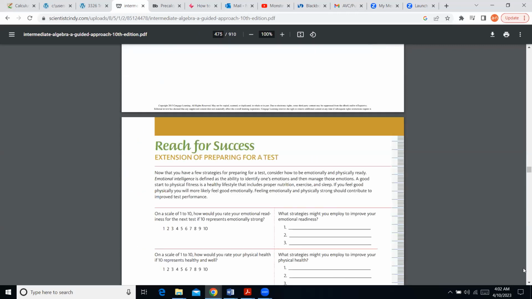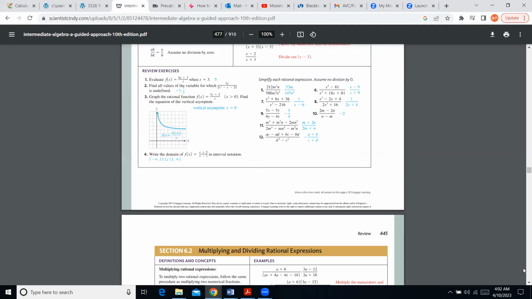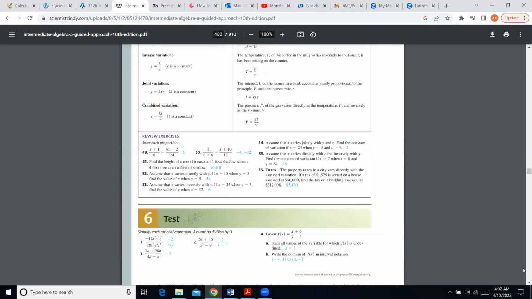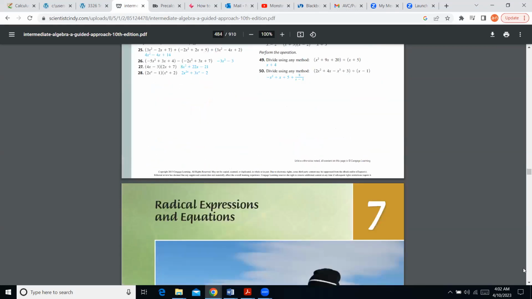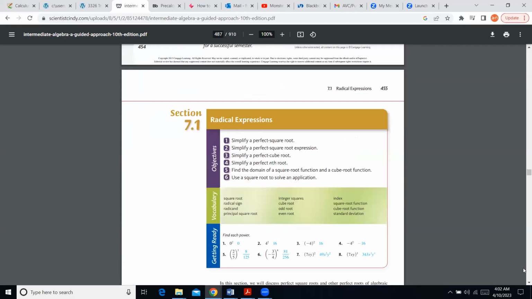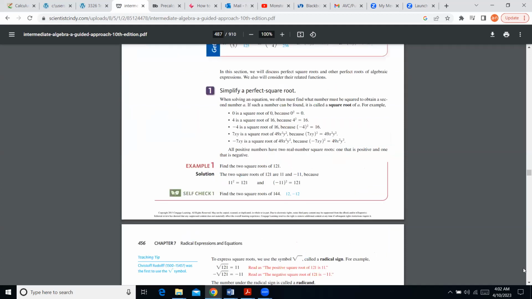So we're going to look at the last chapter that we need, chapter number 7, which deals with radicals, or square roots and cube roots and various other roots. I'm sure you've already experienced dealing with roots like the square root of 121, which happens to be 11.